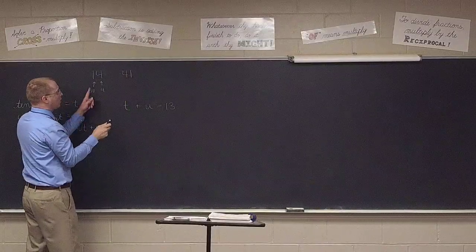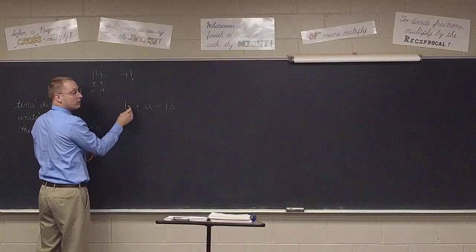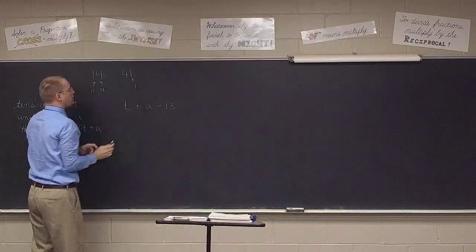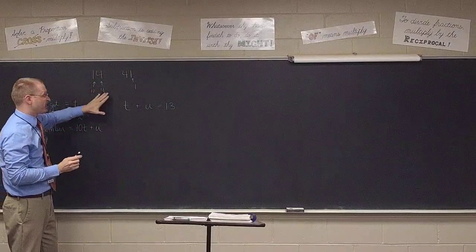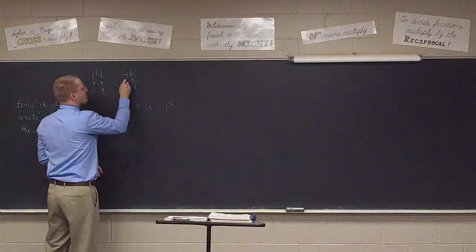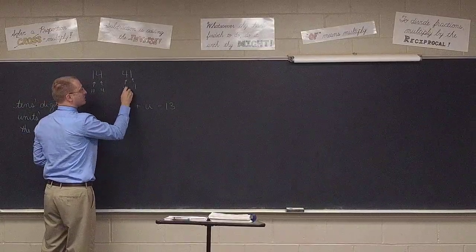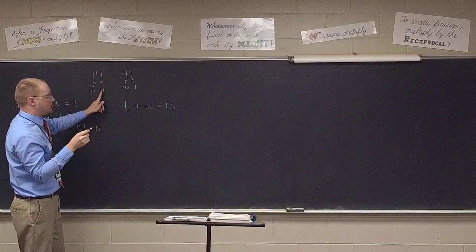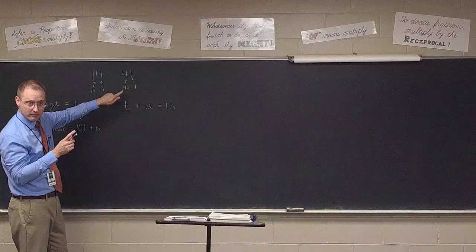Where now this digit has a value of 1. The old tens digit is no longer worth 10 times itself, it's just worth itself. And this 4, what was the units digit, now has a value of 10 times itself, right?